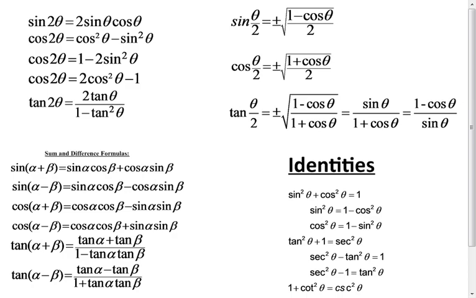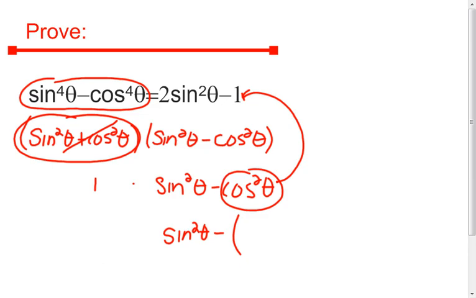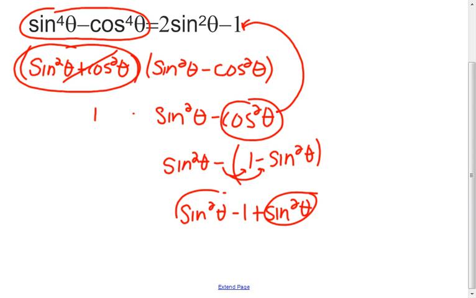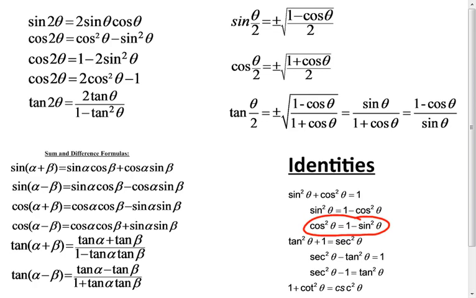If I look over here, cosine squared is the same as 1 minus sine squared. So I'm going to replace cosine squared with 1 minus sine squared. And then I'm going to distribute this negative through. And then sine squared plus another sine squared makes 2 sine squared minus 1. And I'm where I need to be.